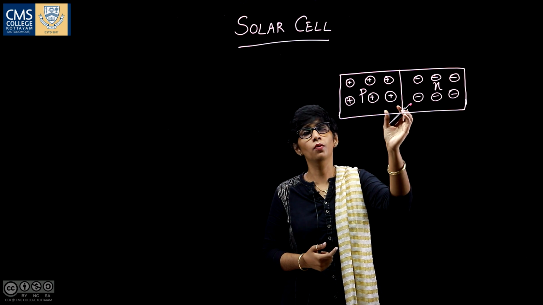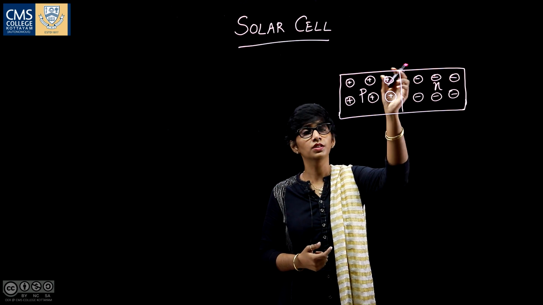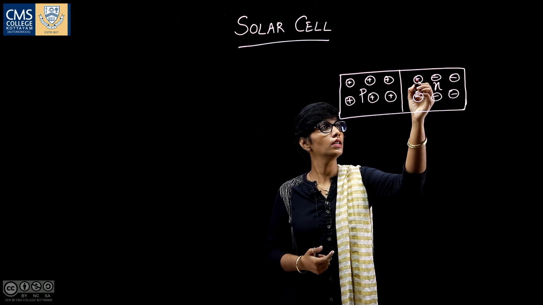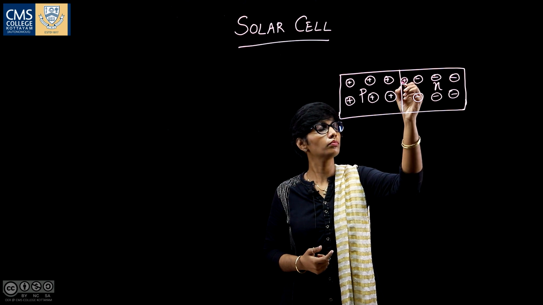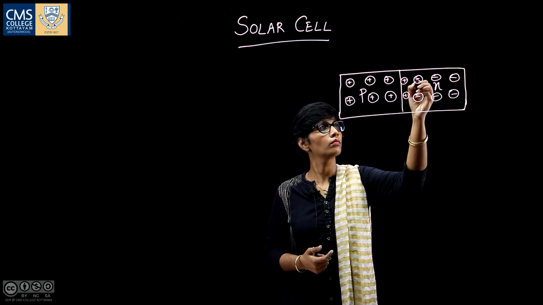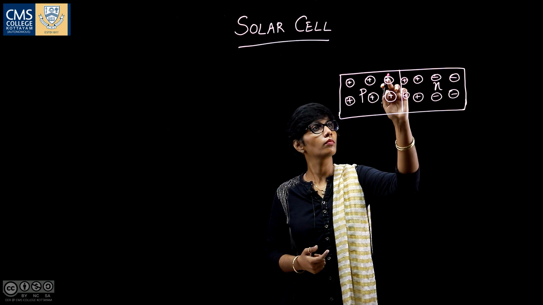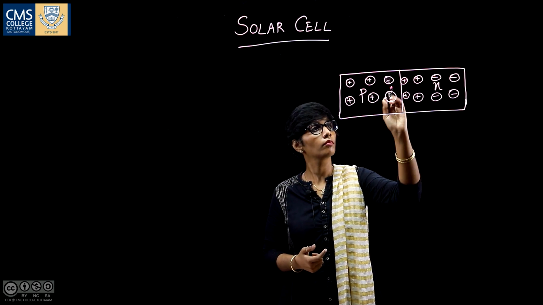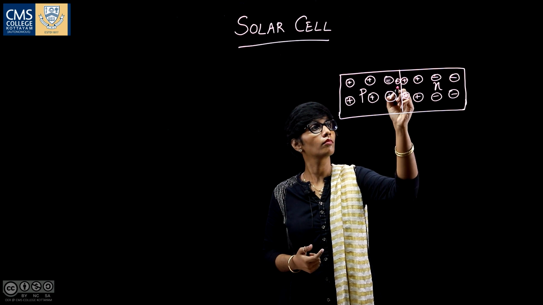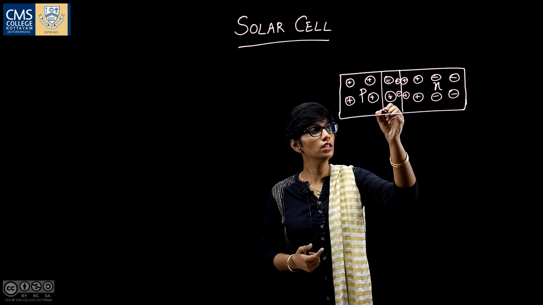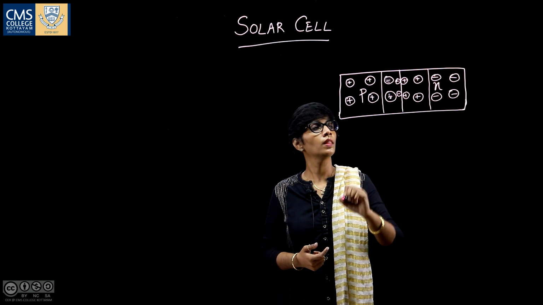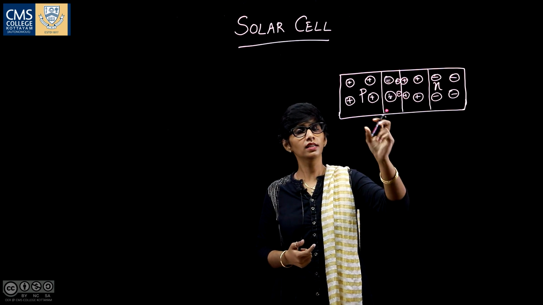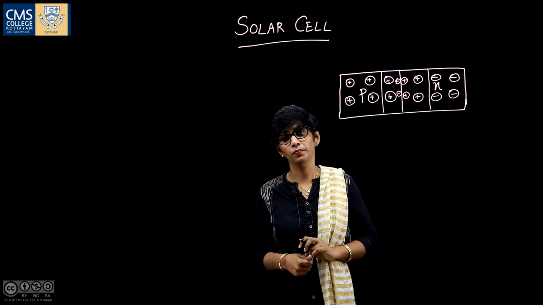So a region is formed at the junction and it is depleted of mobile charge carriers.